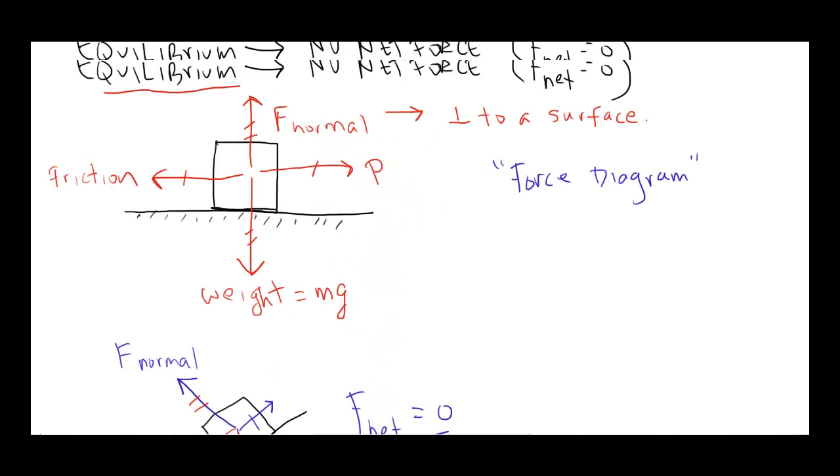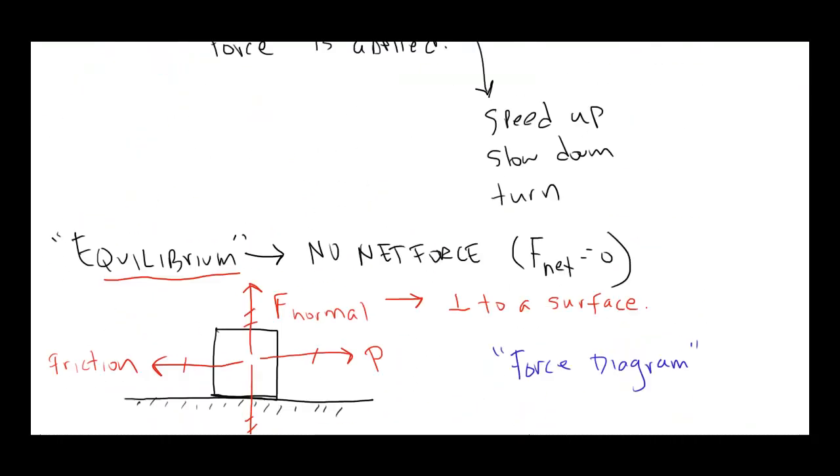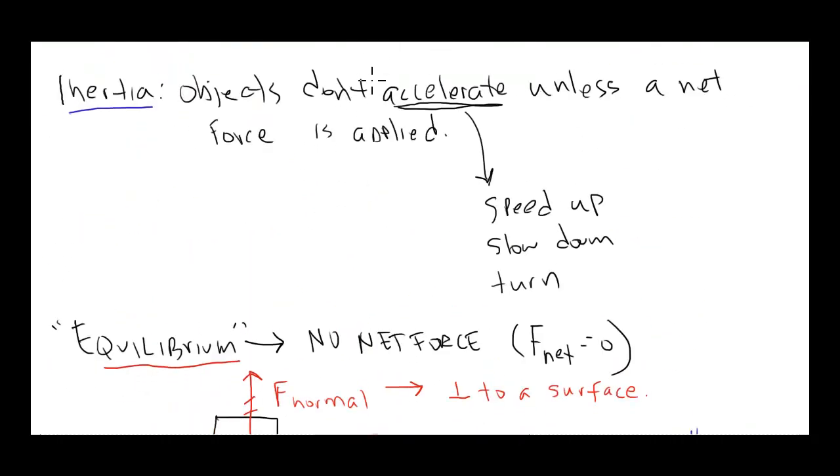So just to review, these are all cases of Newton's first law, instances where objects are not accelerating because there's no net force being applied. That's all we're discussing right now: the idea that net forces are required to produce acceleration.